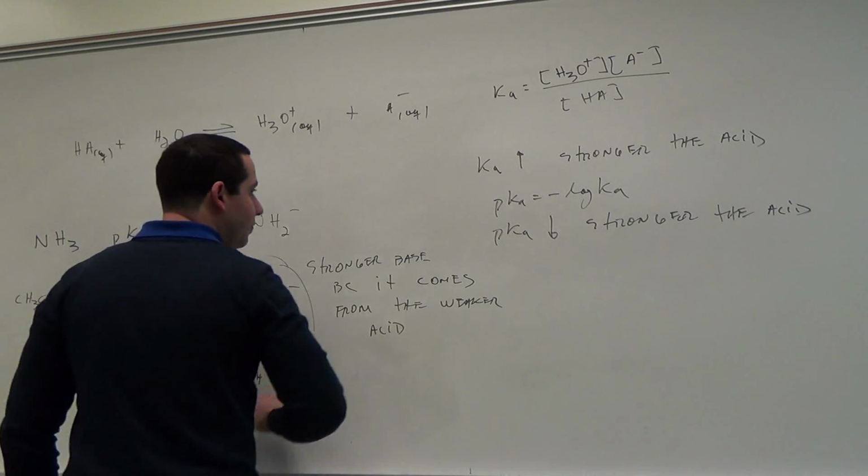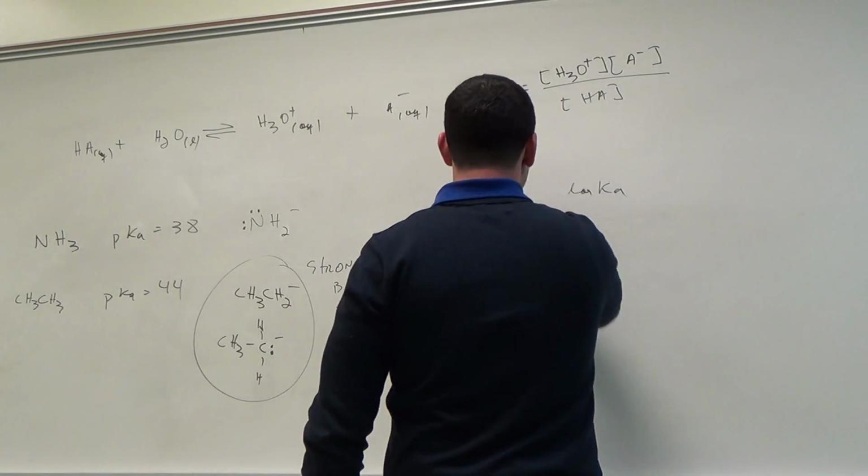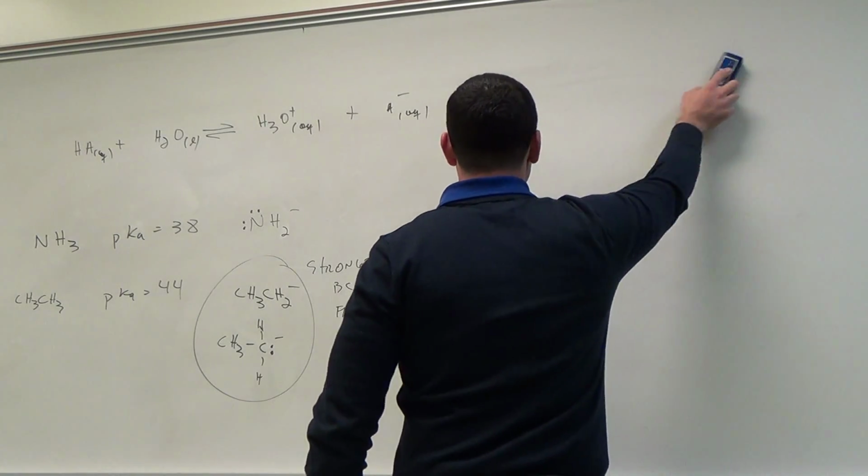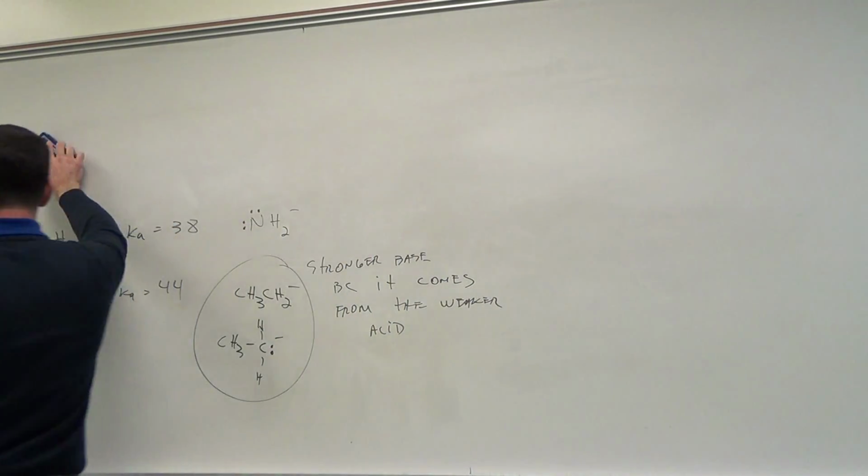Okay, so if you have an equation and you have acids and bases on the two sides, you need to determine whether the equation is going to the right or to the left.